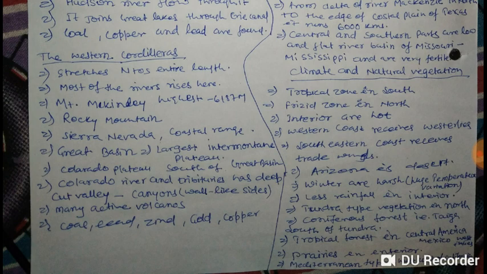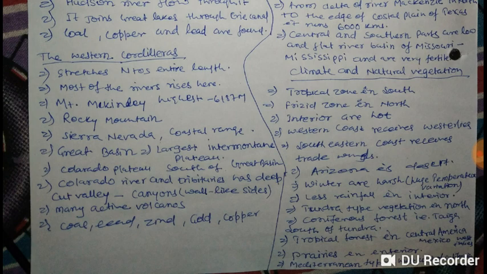Next one is Arizona, a desert found in this continent. Winters are harsh, huge temperature variation. Then less rainfall in interior, obviously. Next is tundra type vegetation in north, because tundra type of vegetation is usually found in very cold climate conditions. Next one is coniferous forest, also called taiga.